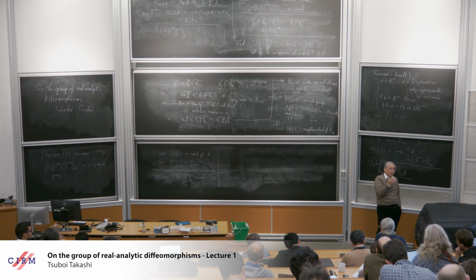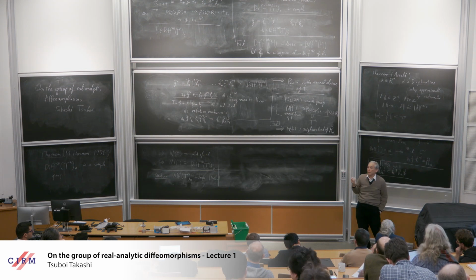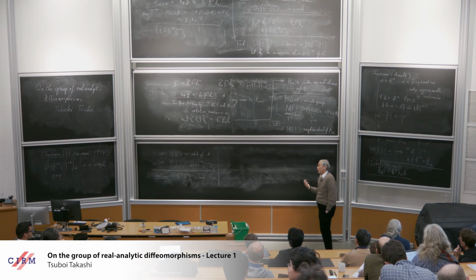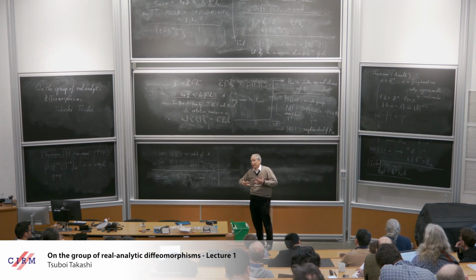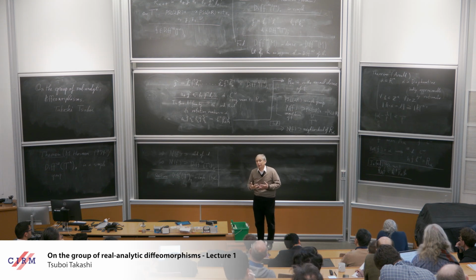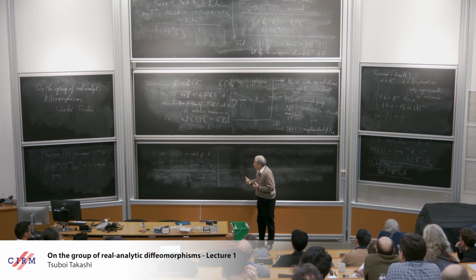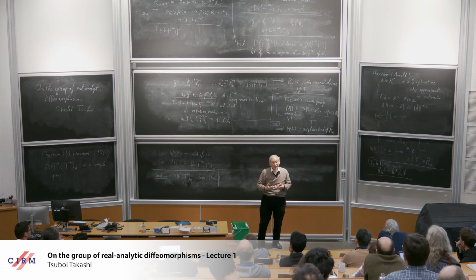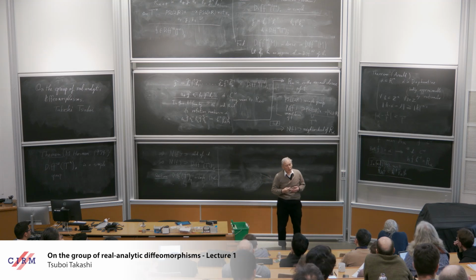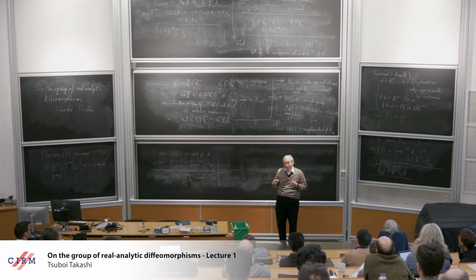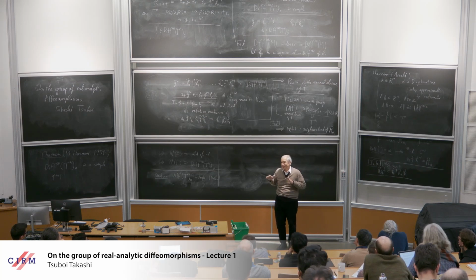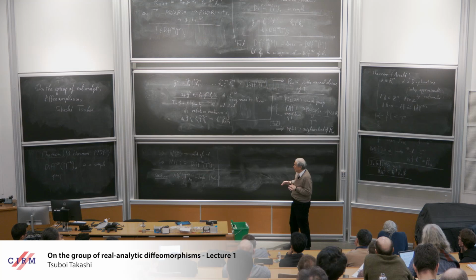If you are given some element, you can write it as a product of elements supported on open sets. And after that, for example, you can write the first product of commutators with commutator length maybe 6 to the n, but still some bounded number.